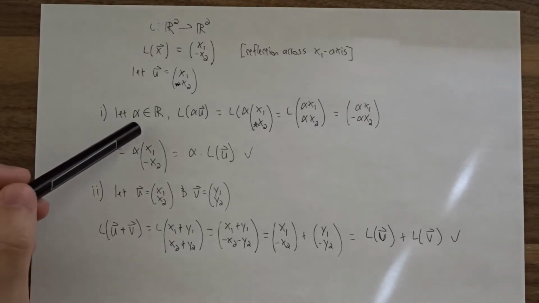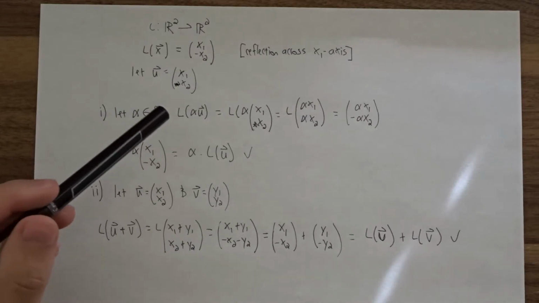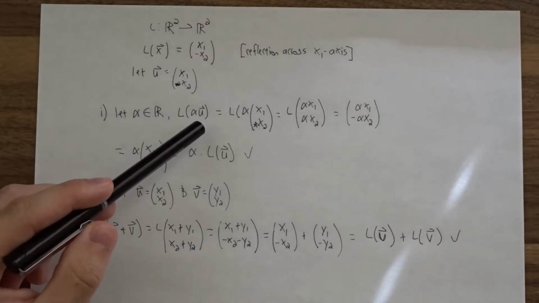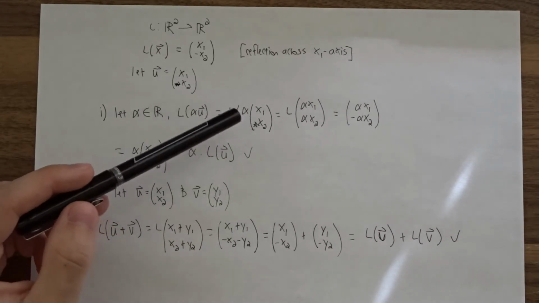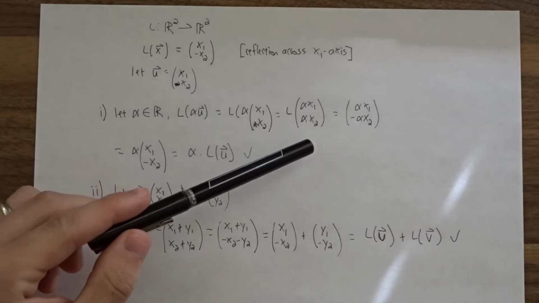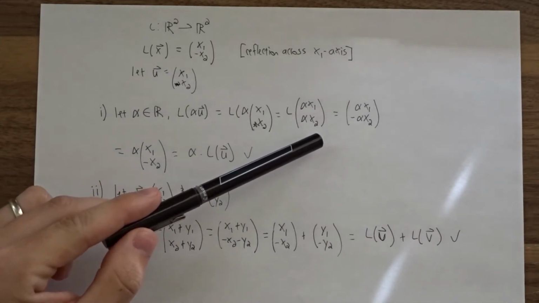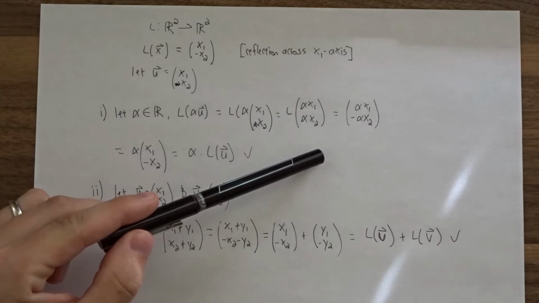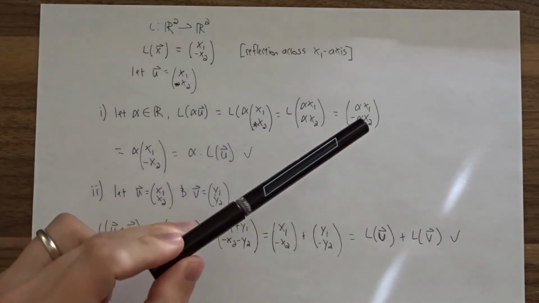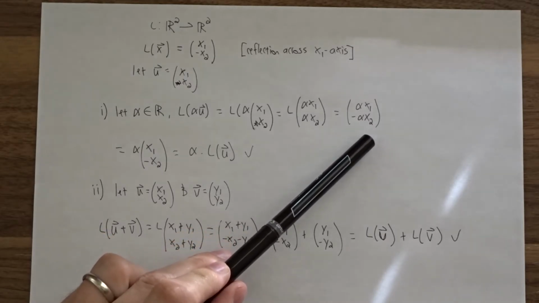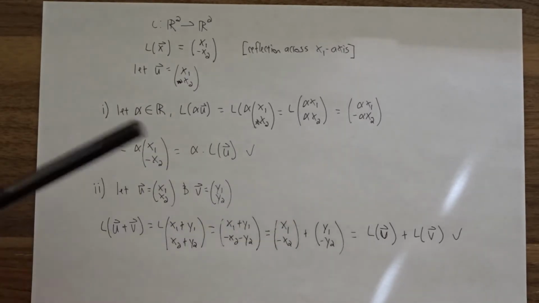So for multiplication, we'll say that alpha is a real number, and we'll go ahead and multiply our vector u by alpha before applying the linear transformation to it, which gives us our pre-transformed vector alpha x1 and alpha x2. And once we apply the transformation to it, we now have alpha x1 and negative alpha x2.